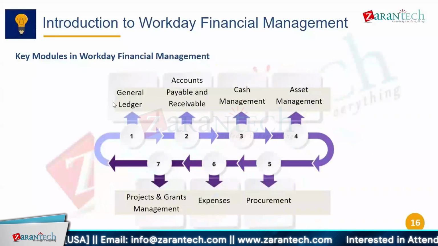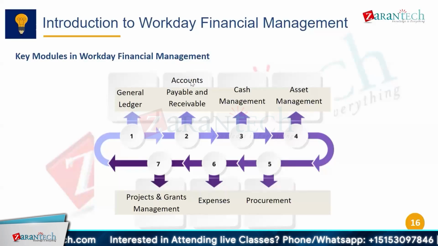The journey starts from the key modules, that is general ledger. Then we have accounts payable and accounts receivable, cash management, asset management, then procurement, expenses, and project and grants management. This is the overall set of Workday Financials modules that Workday normally offers.